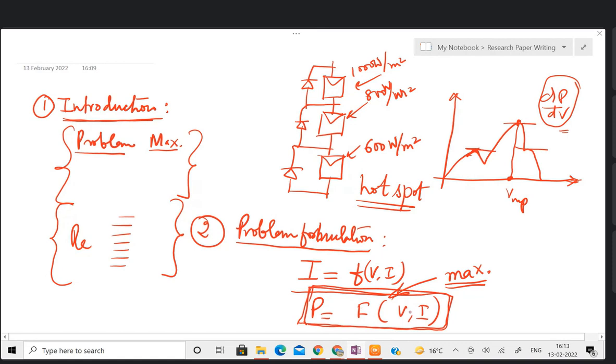Now, what method will you adopt to maximize this PV curve? That you will mention in the third part, which is the methodology. Normally in recent times, people have been using meta-heuristic algorithms to tackle this problem.